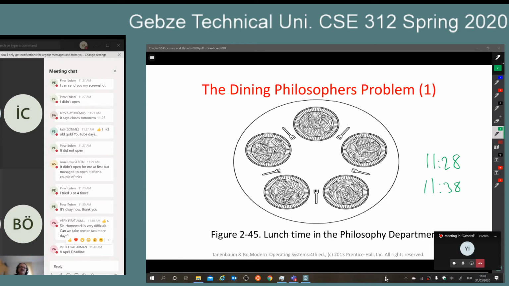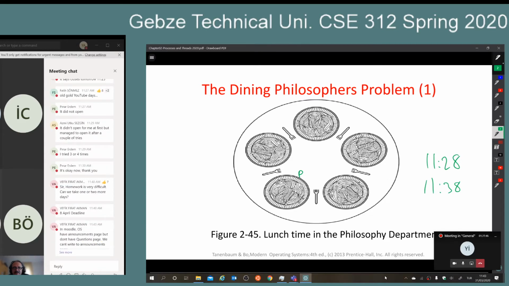Okay. So this is our classical problem, the dining philosophers problem. This has nothing to do with philosophy or dining or food or forks, etc. I have a process number 1, and another process number 2, 3, 4, 5.